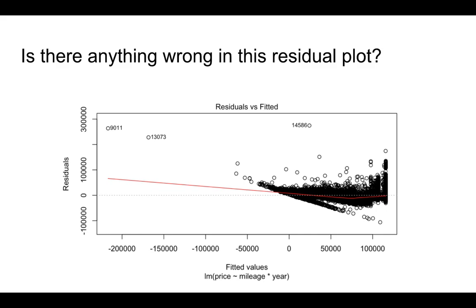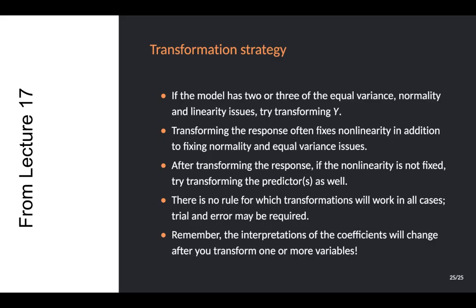If you look at the normality plot, it doesn't look much better, does it? So where should we start? If you recall from lecture 17, that's how you can find this in the slides, the first tip you're given is if you have lots of issues, first try transforming Y. If you have single linearity issues, you can transform one of your x's first.